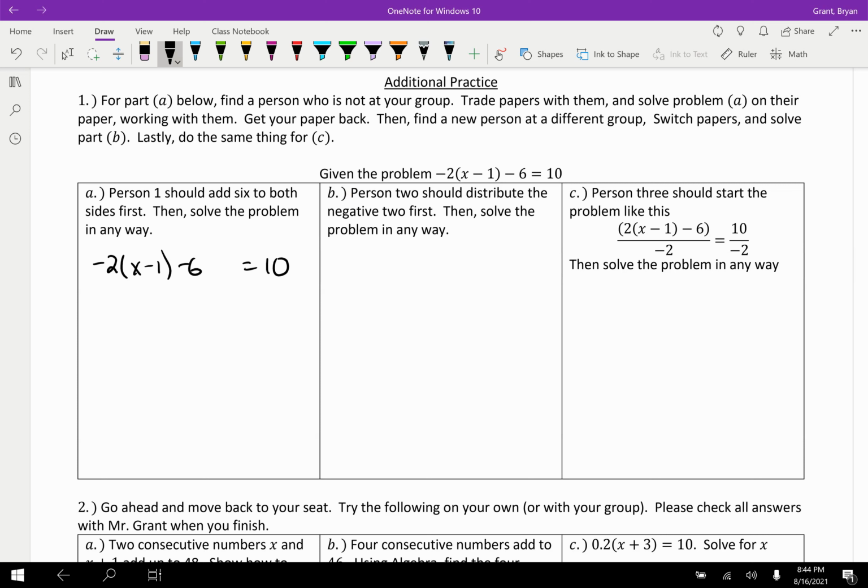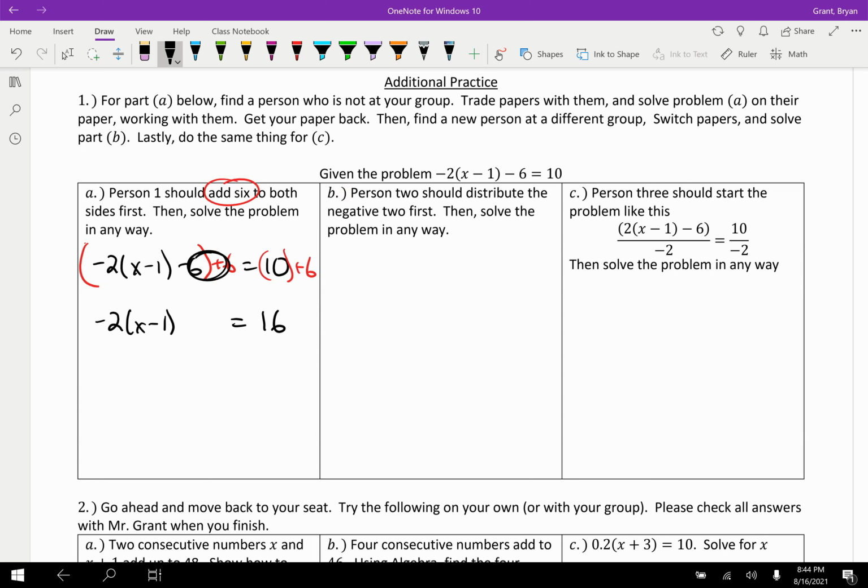I don't have as much room here, so I'm actually going to do the horizontal method, where this one says we should add 6 to both sides first. So I'm going to group the whole side and add 6, group and add 6. -2 times x minus 1, -6 plus 6 is 0, equals 16. And then it says solve the problem any way you'd like.